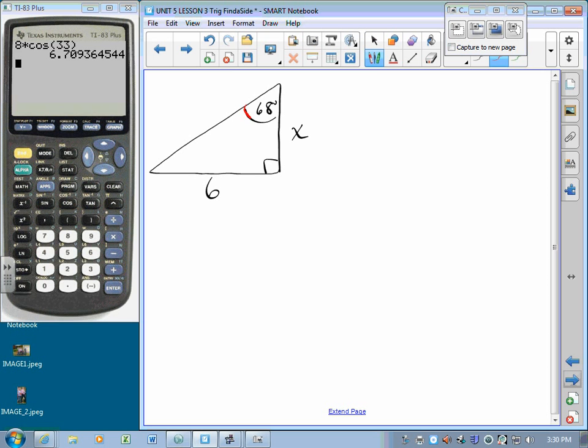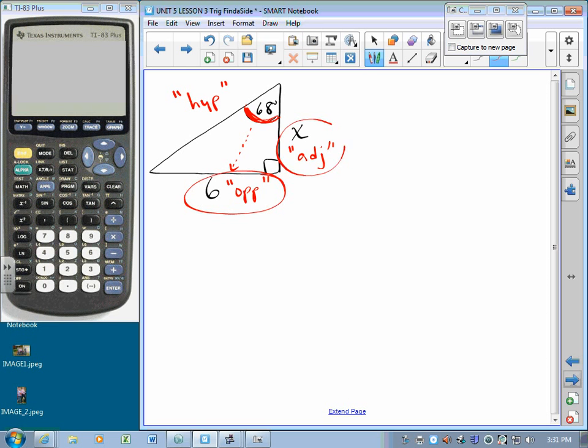With respect to this acute angle, the opposite side is over here. The hypotenuse is the biggest side, and the adjacent side is the leg that snuggles up close to that acute angle.